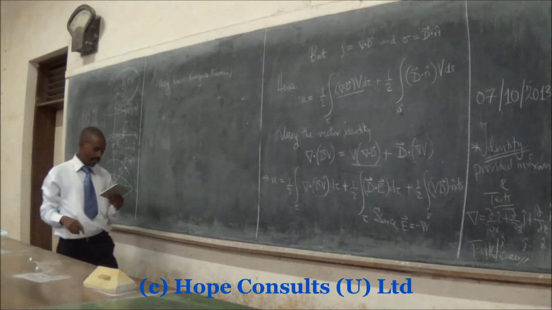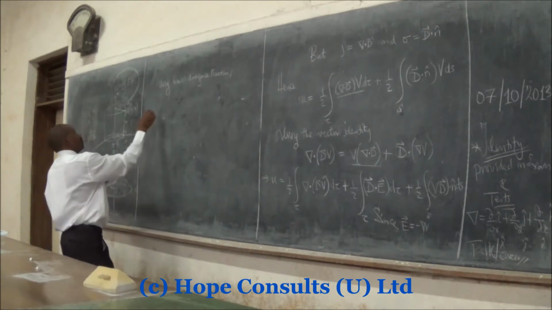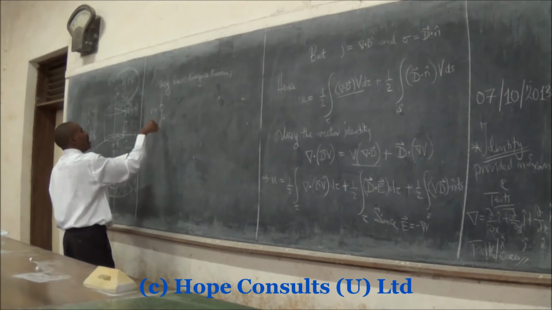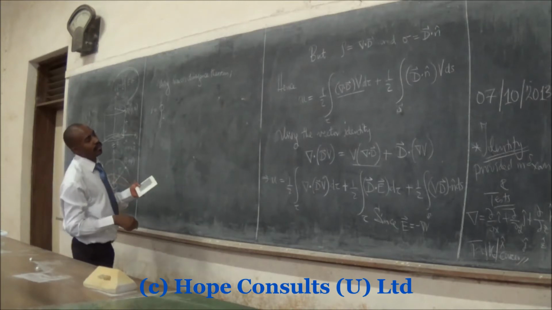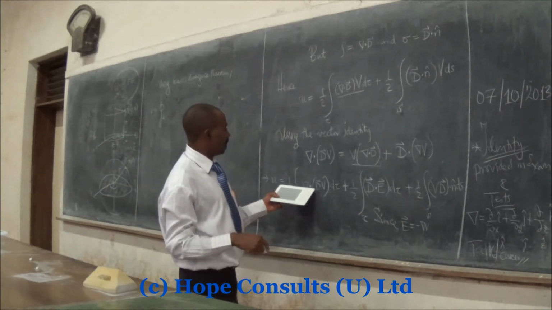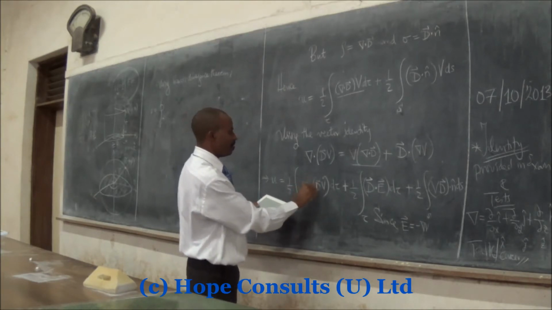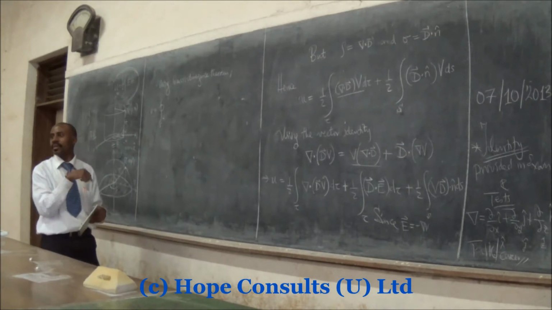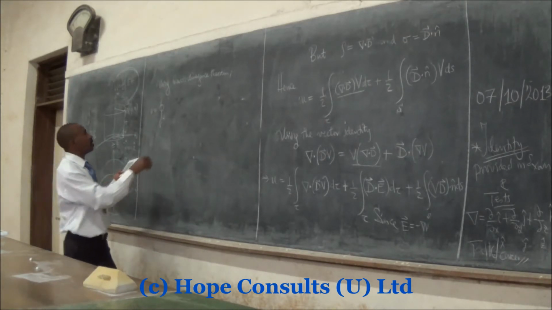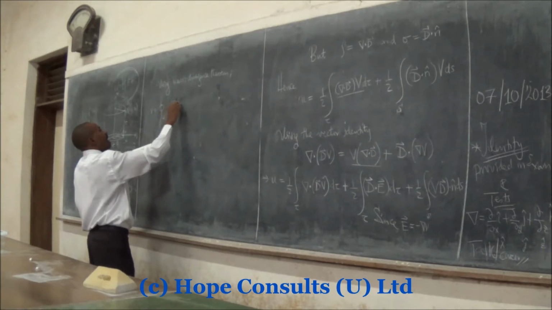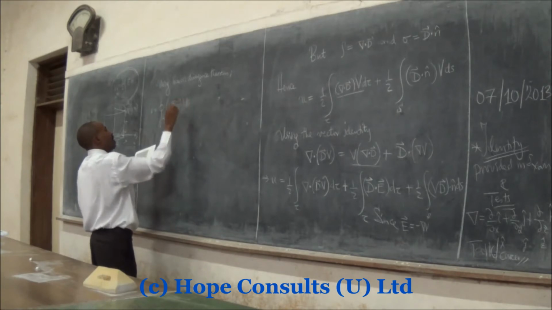So let's see what happens here. Our U is equal to the integral over the surface S of VD, or DV. V is a scalar, it doesn't matter which side you put it on. So we have our VD dot N dS.